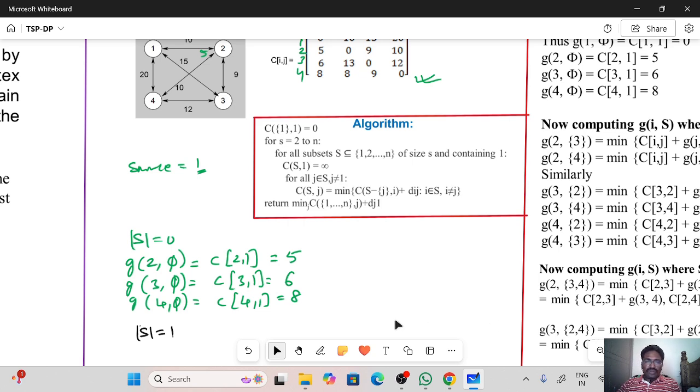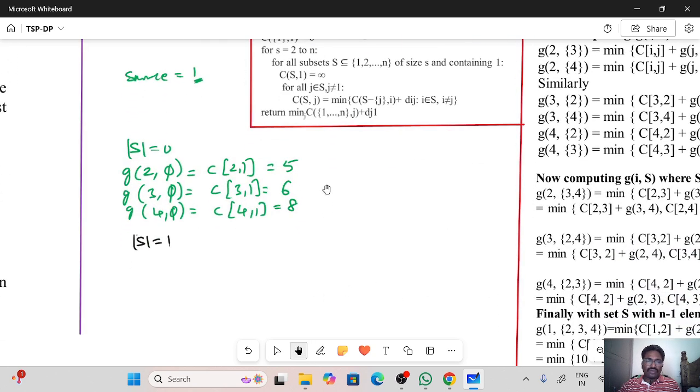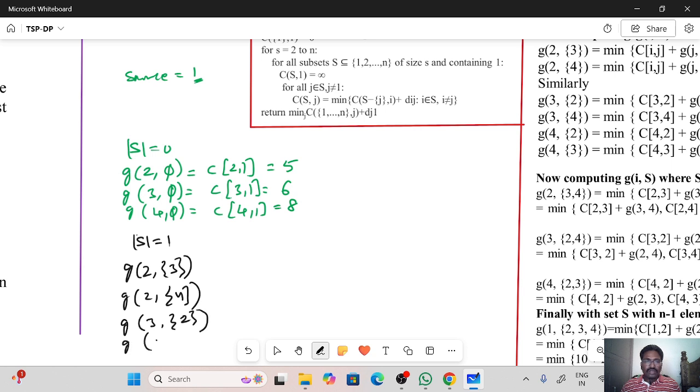If my last but one node is 2, the last one may be 3 or 4. If the last but one is 3, the last one may be 2 or 4.